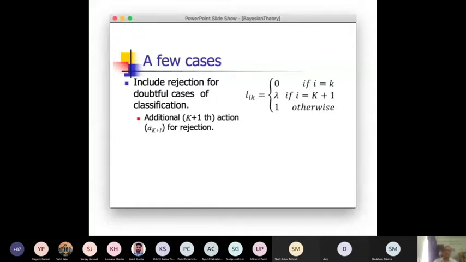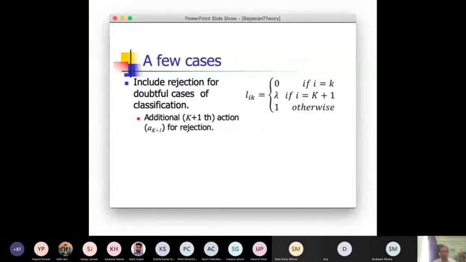So the loss function looks like this: if I choose any action i, and the true class is say K, then the loss would be 0. If I assign it to any other class, then there is a penalty 1. But if I do not assign, in spite of it belonging to a class, we know that it has to belong to some class.